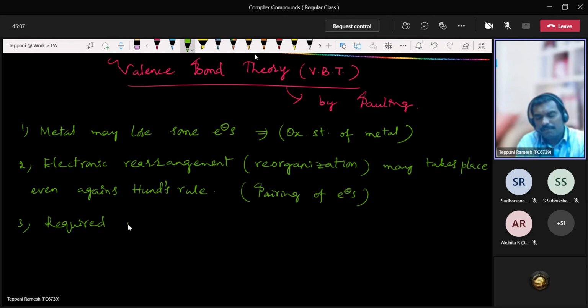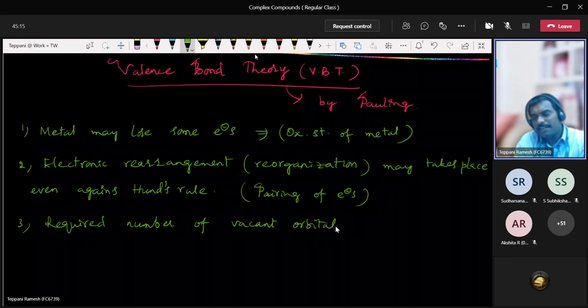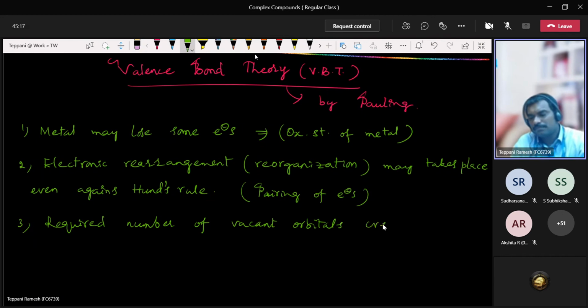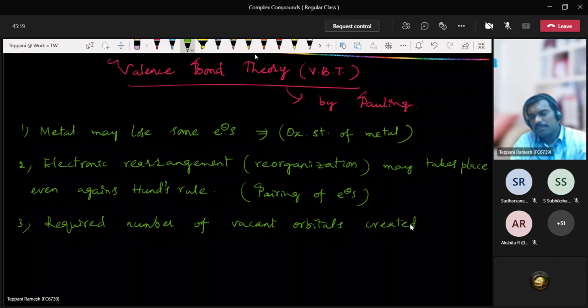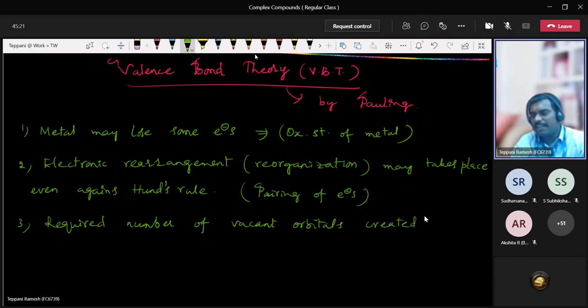The required number of vacant orbitals is created and undergoes suitable hybridization.